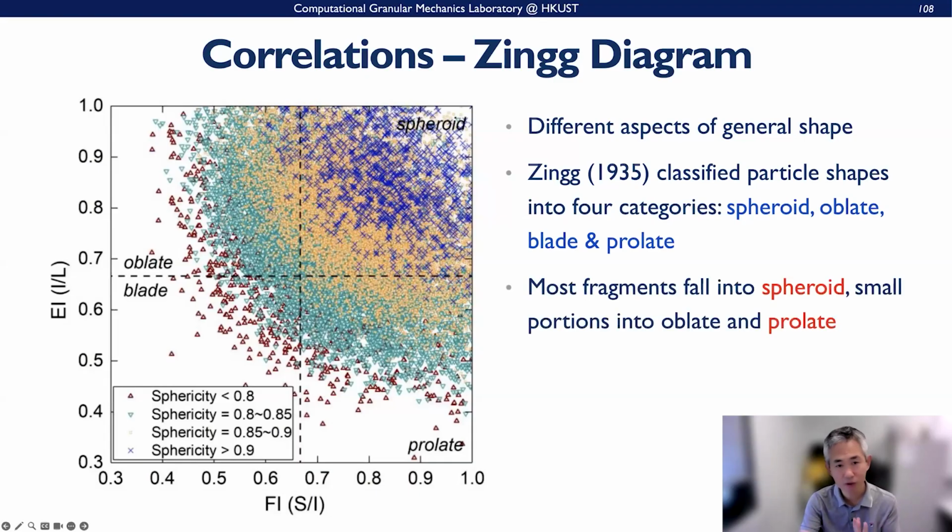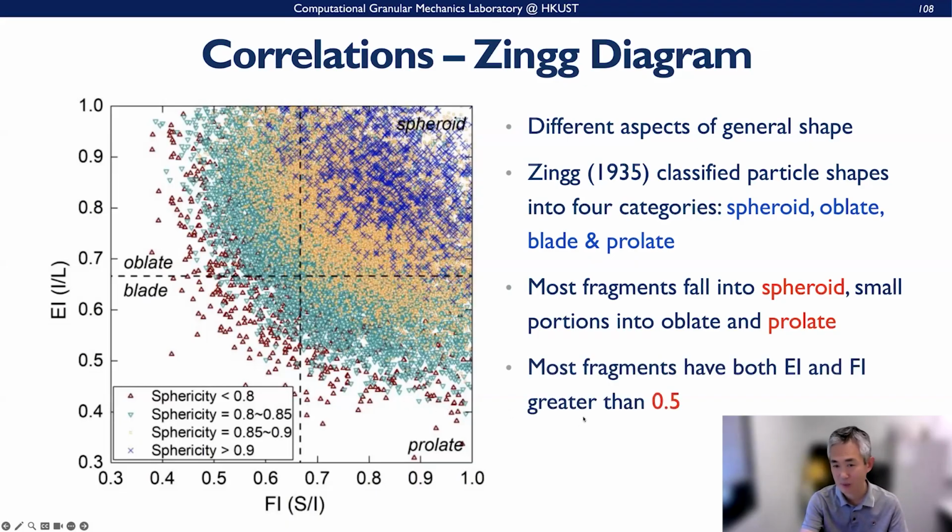So what we found is that most of the fragments during the crushing will fall into this spheroid, a small portion into this prolate here, and some of this oblate here. So these are the observations here.